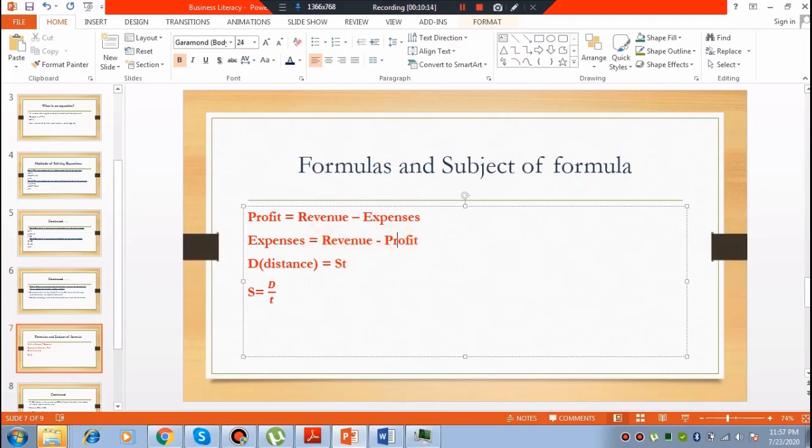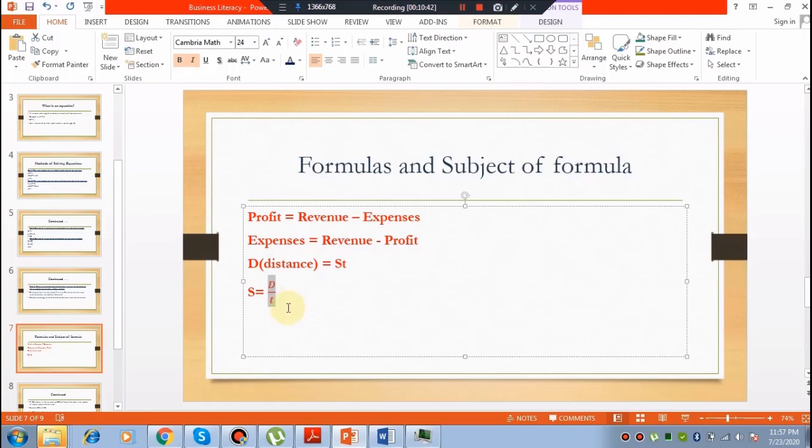Another formula that you can play around with is distance is equal to speed times time. Distance is equal to speed times time. So what if I need to calculate time?